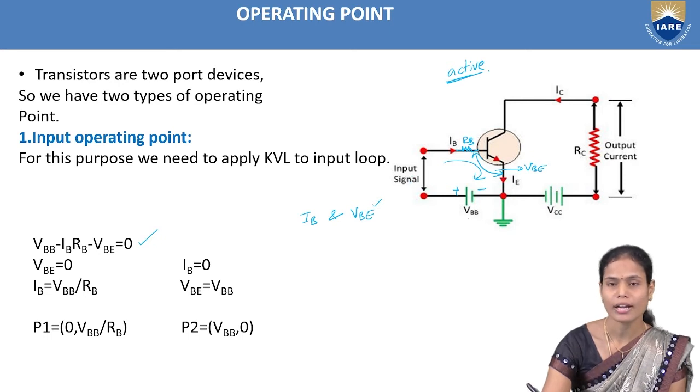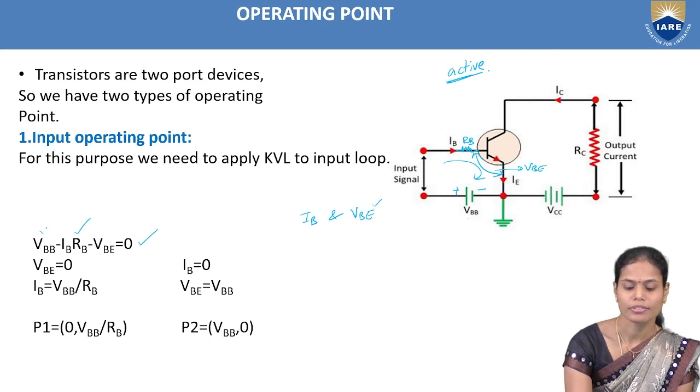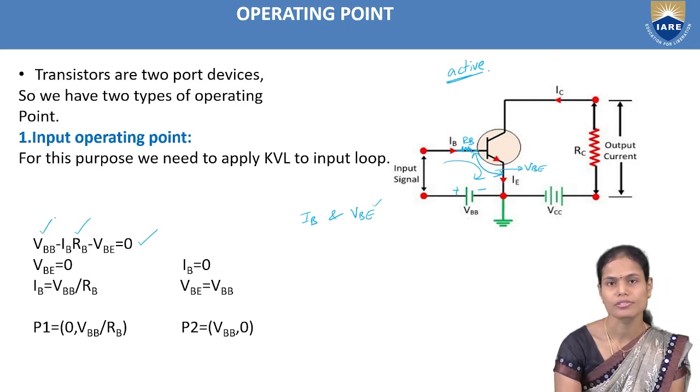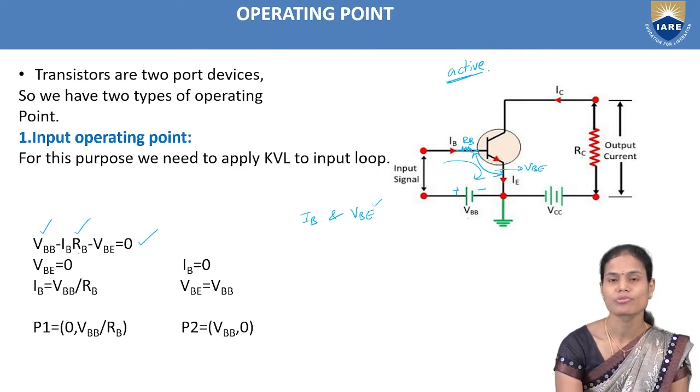To find the IB value, if we observe, the value of the RB resistance is fixed and VBB, the supply voltage, is also fixed. Only the VBE and IB values are varying, so we are going to find those varying values.